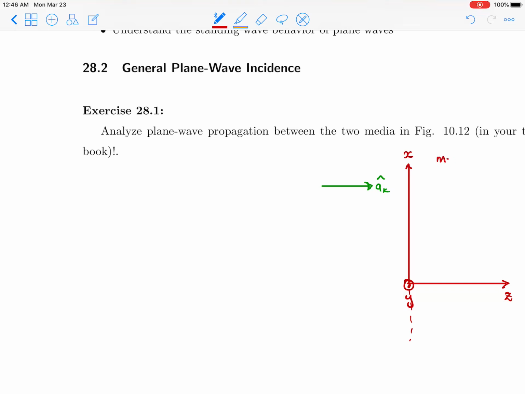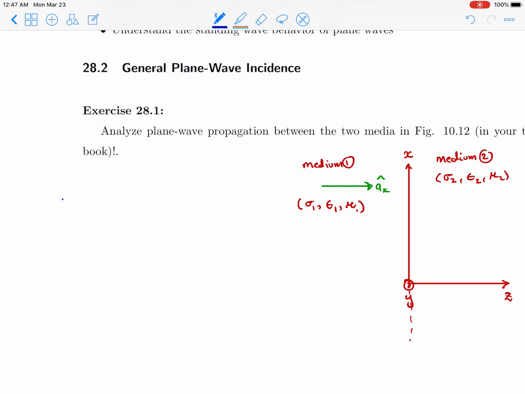In this half space we have medium 2, which has conductivity sigma 2, permittivity epsilon 2, and permeability mu 2. Similarly, in this region we have medium 1, characterized by sigma 1, epsilon 1, and mu 1.